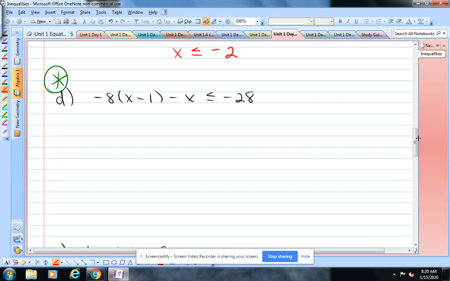Y'all give it a shot. Do everything. Solve it through a number line and do your interval notation.